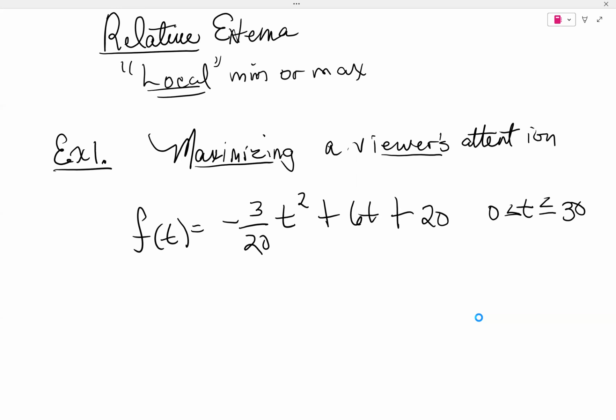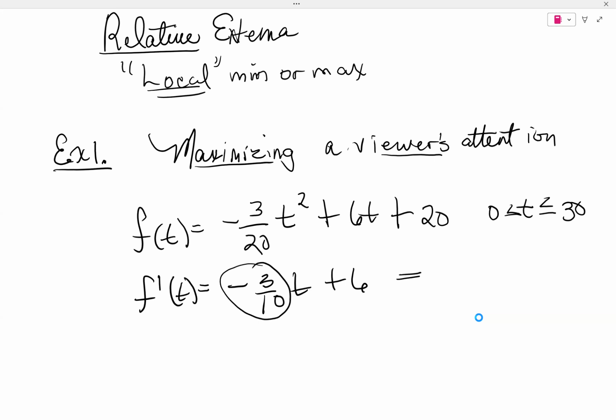And so of course the first derivative is what we want to look at, because that's the rate of change. So here is that first derivative, which after a little math becomes negative 3/10 t plus 6. That is the equivalent of negative 0.3t plus 6.